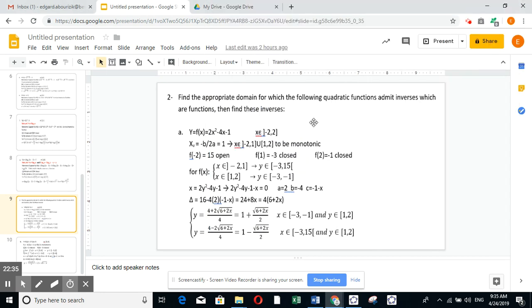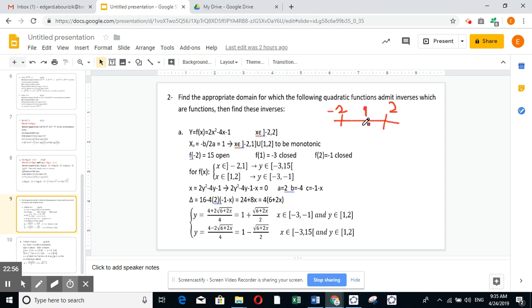So let us go and check. First of all, I find the vertex. The vertex, as you all know, is minus b over 2a, so it's 4 over 4, which is 1. So this domain, which was from minus 2 till 2, has 1 between.